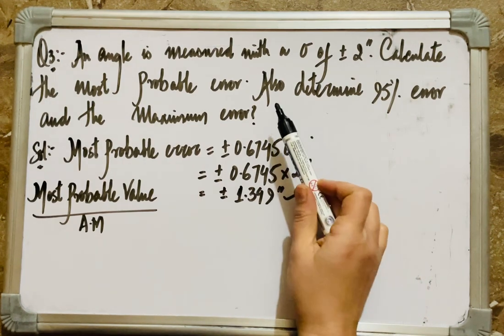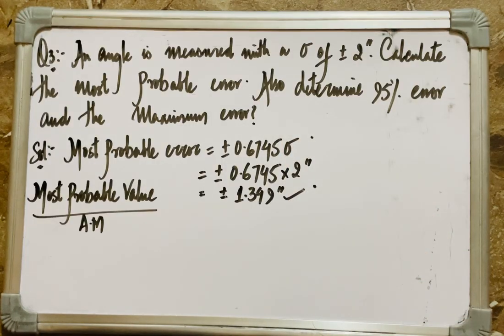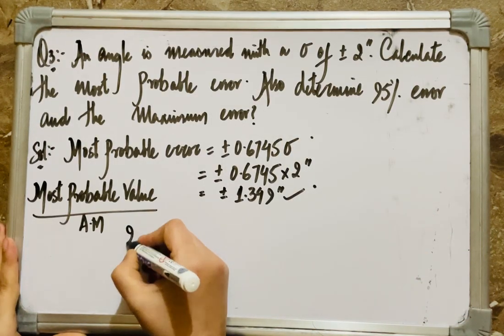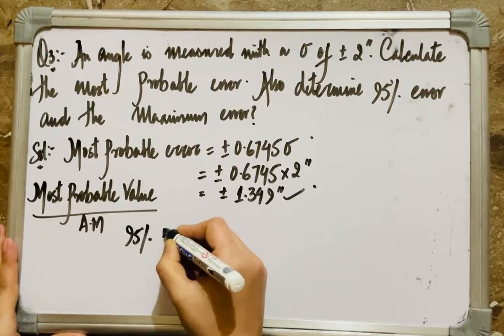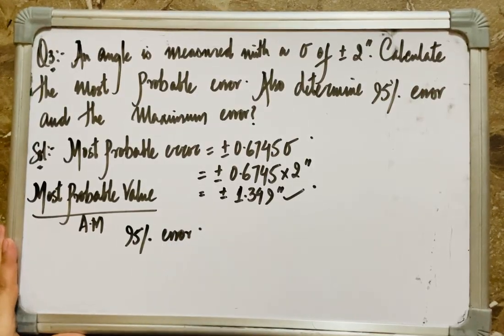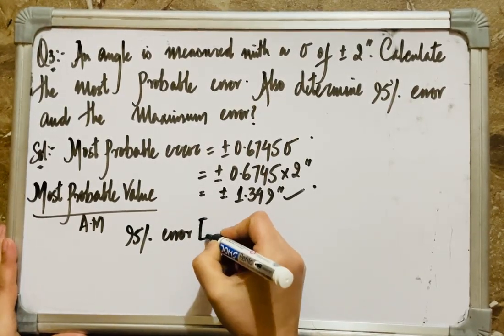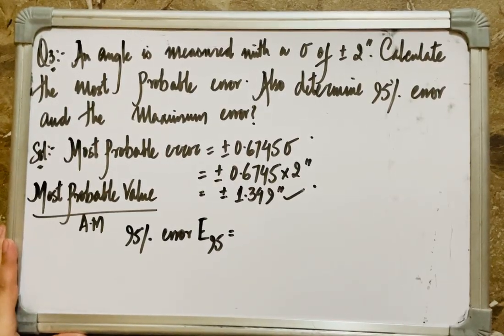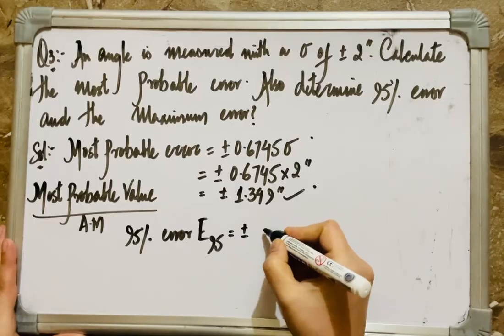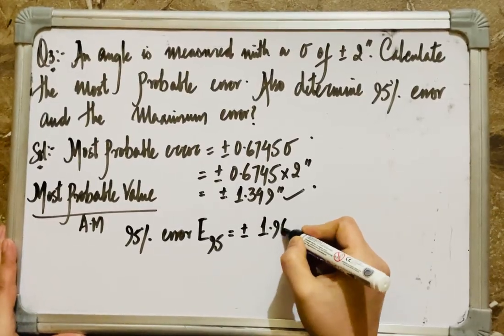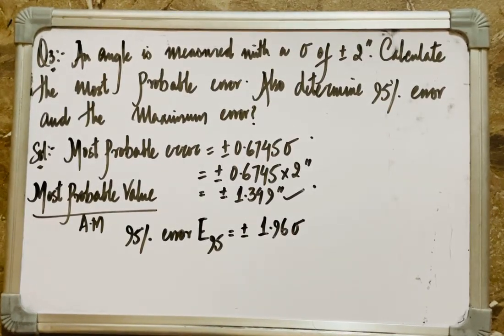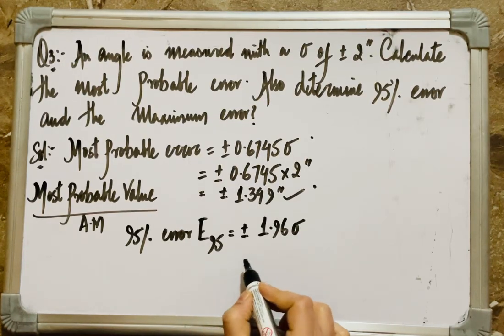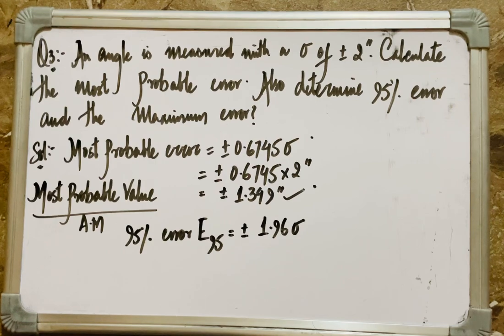All right, the next part is to determine the 95% error. 95% error is expressed as E95, and it is equal to plus minus 1.96 times the standard deviation.